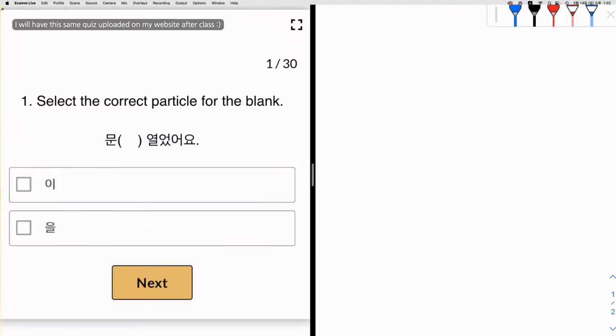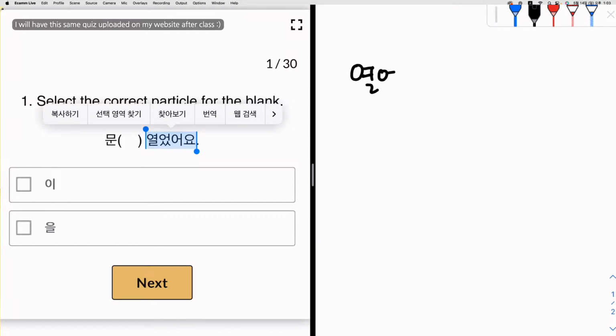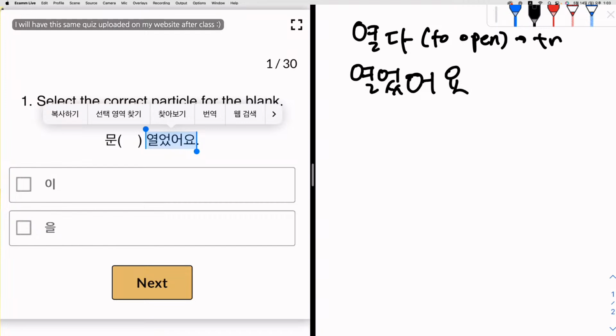So this quiz is basically asking whether 문, door, is a subject or an object in this sentence. And to figure out the correct particle, we would first need to know the nature of the verb used in the sentence, right? So 열었어요 is the past tense conjugation of the verb 열다, which means to open, and this is a transitive verb, right?